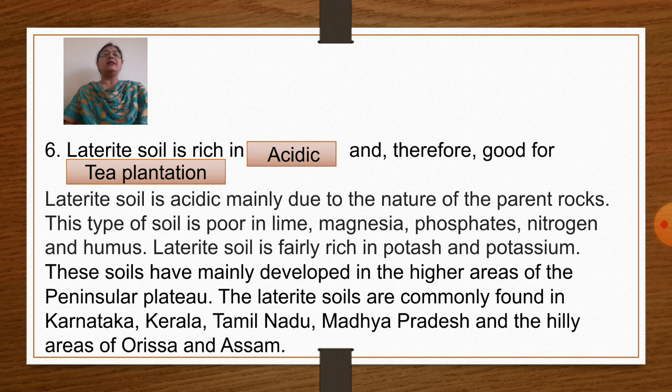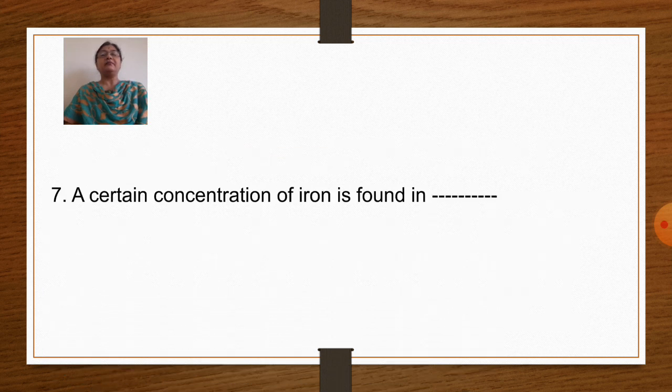Laterite soil is fairly rich in potash and potassium. These soils have mainly developed in the higher areas of the peninsular plateau. The laterite soil are commonly found in Karnataka, Kerala, Tamil Nadu, Madhya Pradesh and the hilly areas of Orissa and Assam.